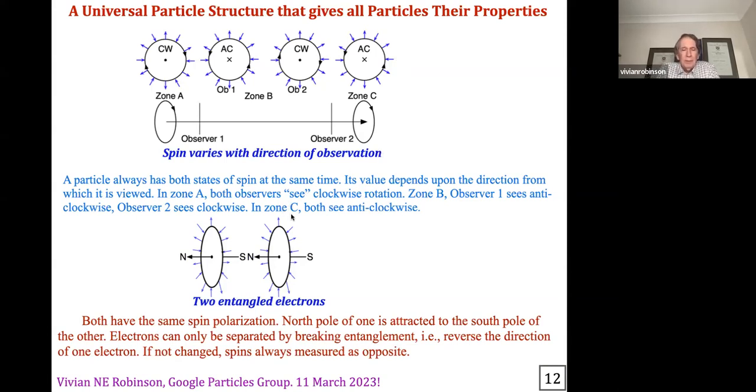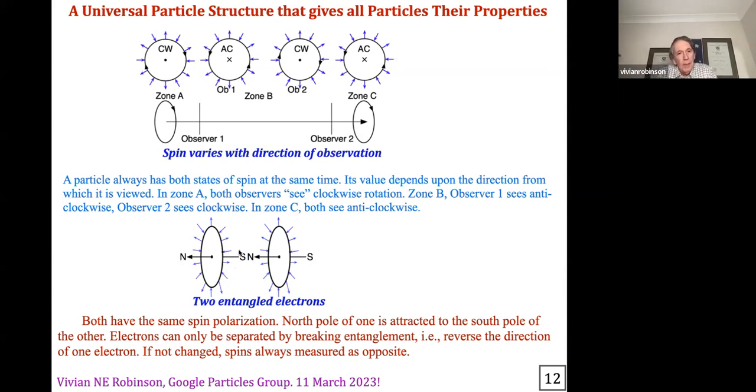That also brings us to the case of what happens when particles become entangled. Take the situation when two electrons get close enough to become entangled: the only possibility you have is that the north pole of one is attracted to the south pole of the other, and they'll just stay that way. The only way you can break that entanglement is to apply an h-bar twist to one of them.